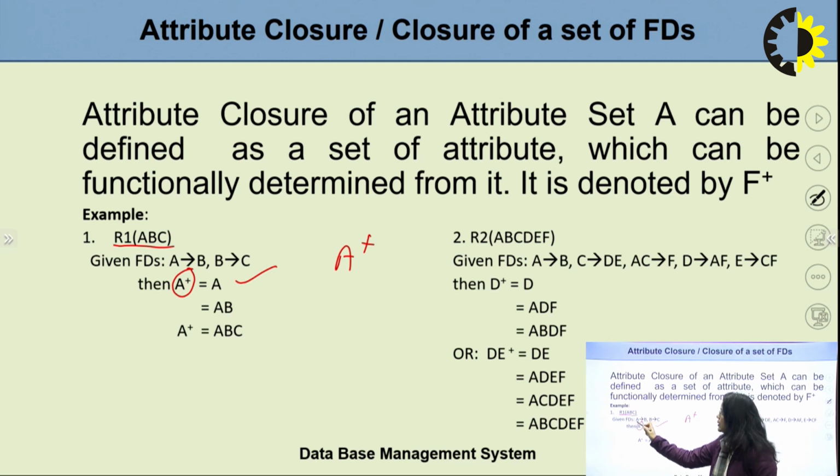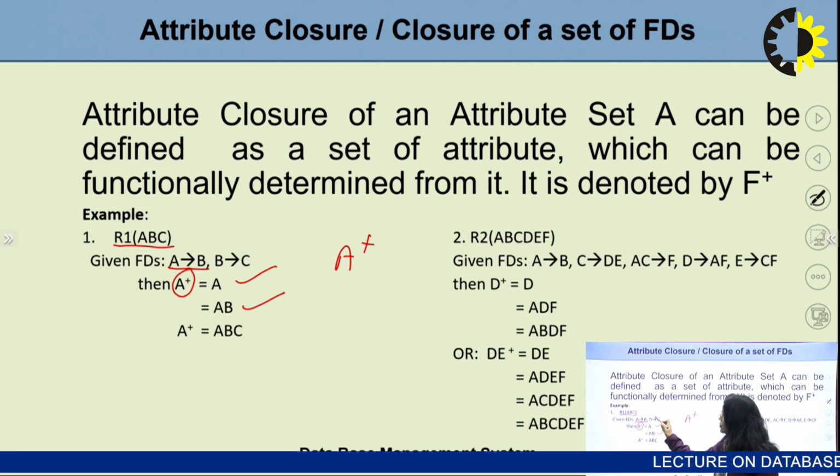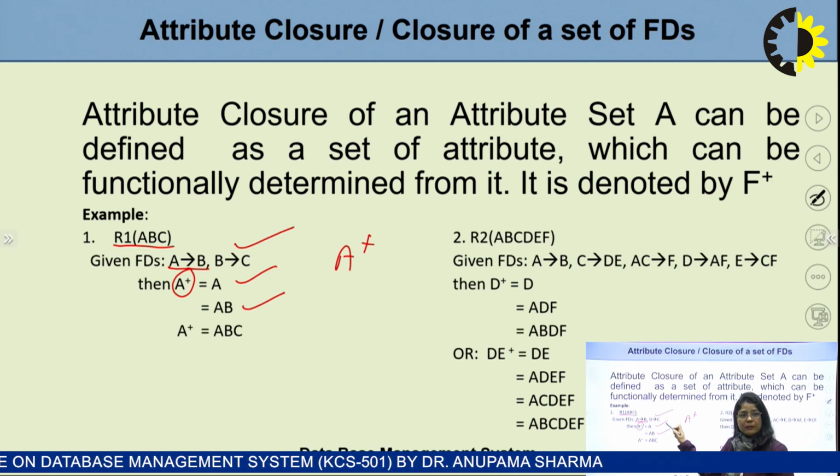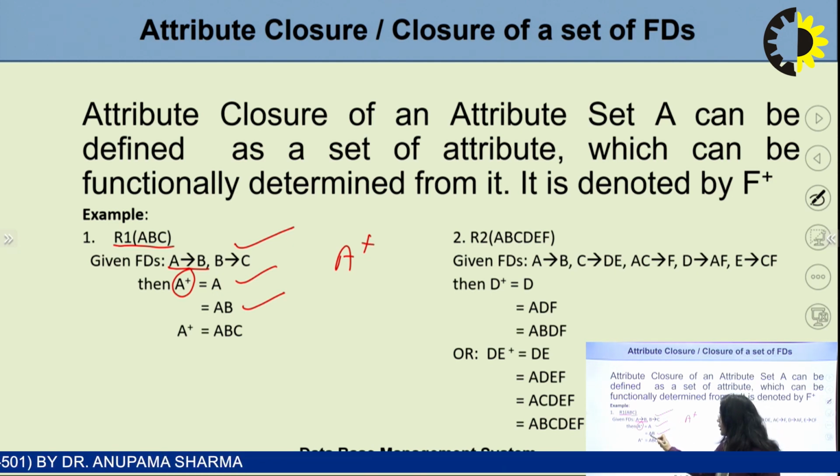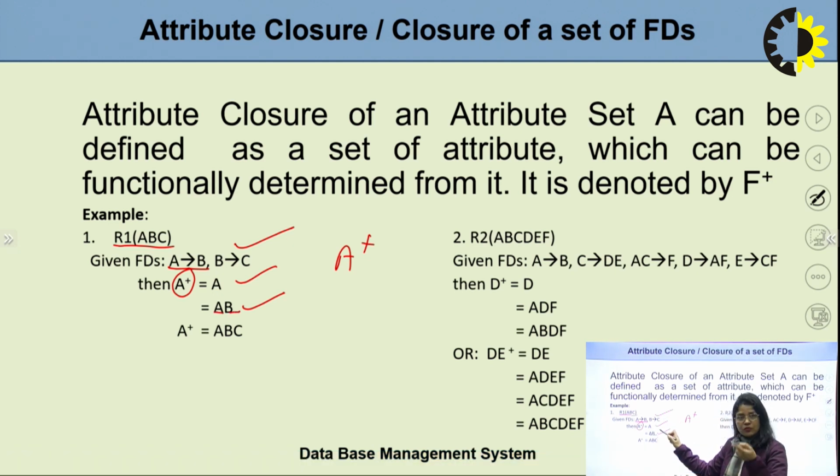Through this functional dependency, if we have A, we can determine B. So we can write AB. So we have AB in our hand, right? Through this functional dependency, if we have B, we can determine C, right? So we have A and B. It means we can determine C also through this functional dependency. So now we have ABC.